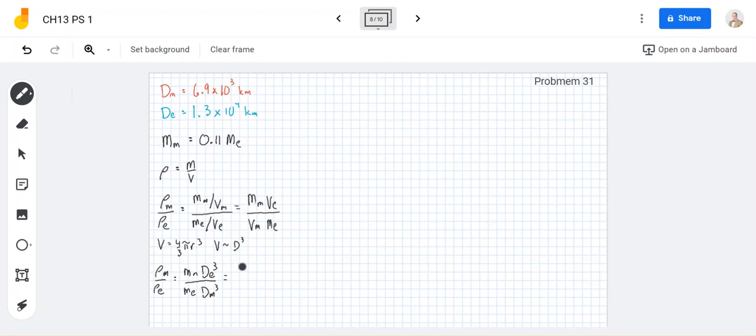So when I look at it here, the mass of Mars is 0.11 times the mass of Earth. So I have 0.11 times the mass of Earth times the diameter of Earth cubed divided by the mass of Earth times the diameter of Mars cubed.